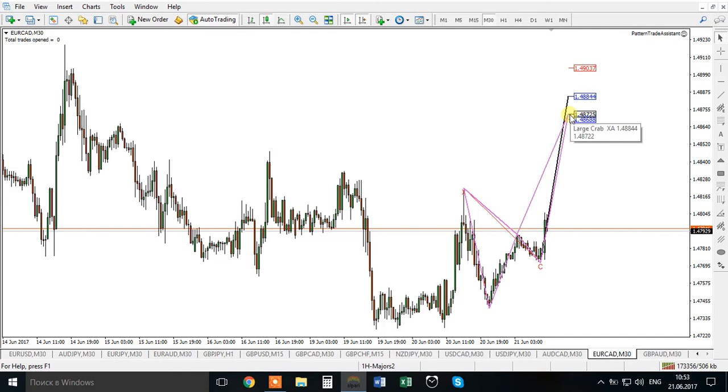This number is large crab XA, 161A XA, and this number is the BC inversion. So they are colored. So the main number is 161A. It is black. This number should be crossed for sure. The pattern is not completed if it doesn't cross that line.